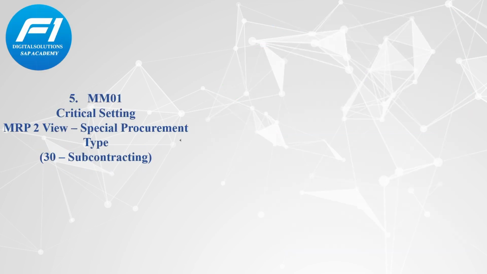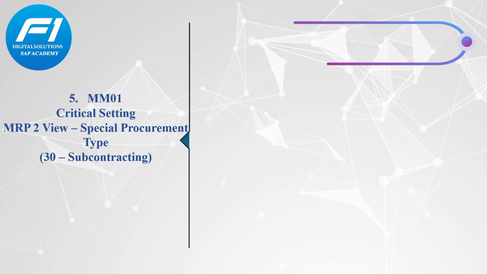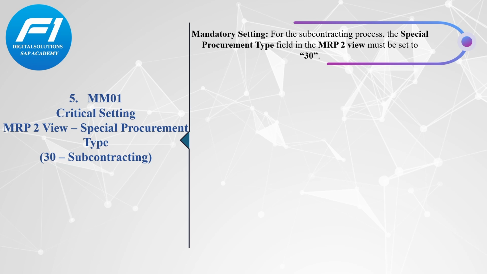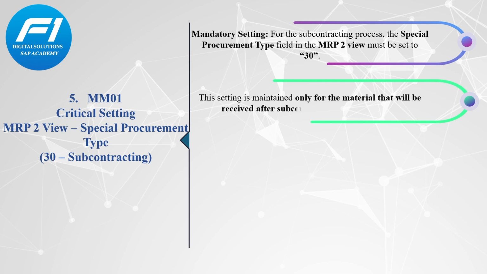MM01 critical settings, MRP2 view, special procurement type 30, subcontracting. This is a mandatory setting. In the MRP2 view, we must enter 30 for special procurement type. We only use this setting for the output product.